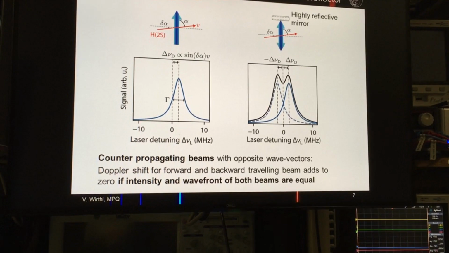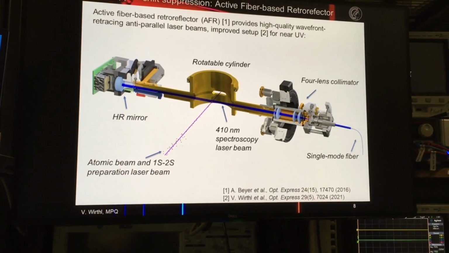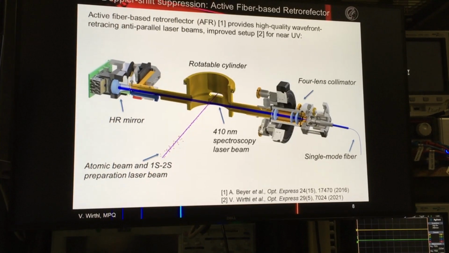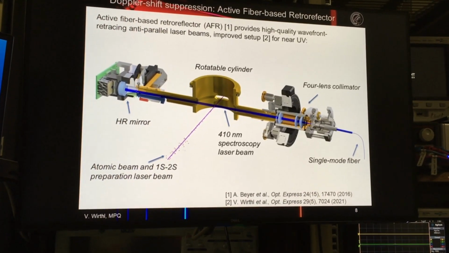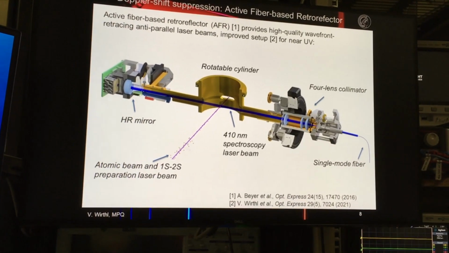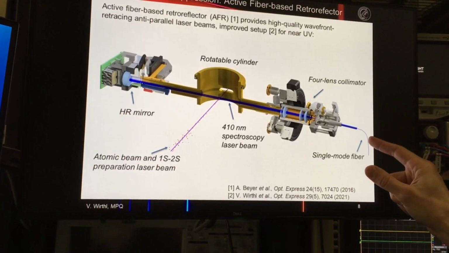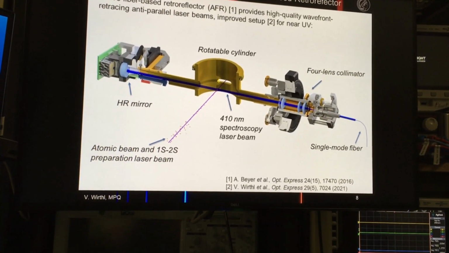And now you somehow shifted the problem to achieving this condition of having the same intensity and wavefront of both beams. And our strategy to do this is this active fiber-based retroreflector, which you can read about in those two papers I have here in the corner. But this is how the setup at the end looks like. We have single-mode fibers, and we have this full-length collimator to minimize all kinds of aberrations.